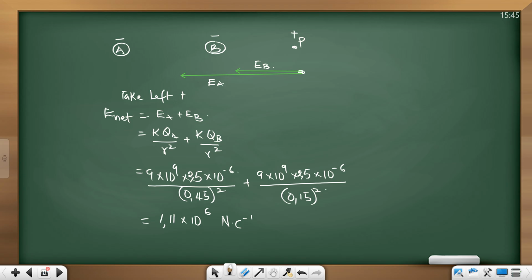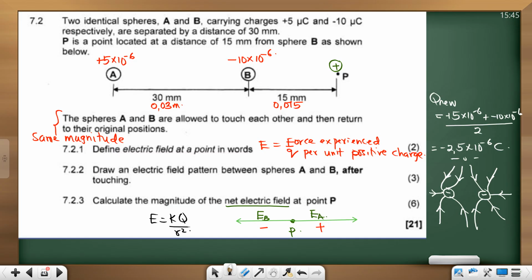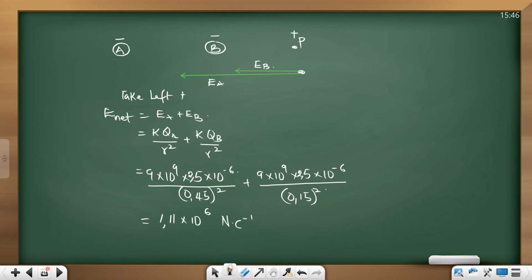That's the same answer you have? Alright, Arifas confirmed. Amara also confirmed that this answer is correct. Okay, let me just see something here quickly. We want the magnitude, so we're fine.